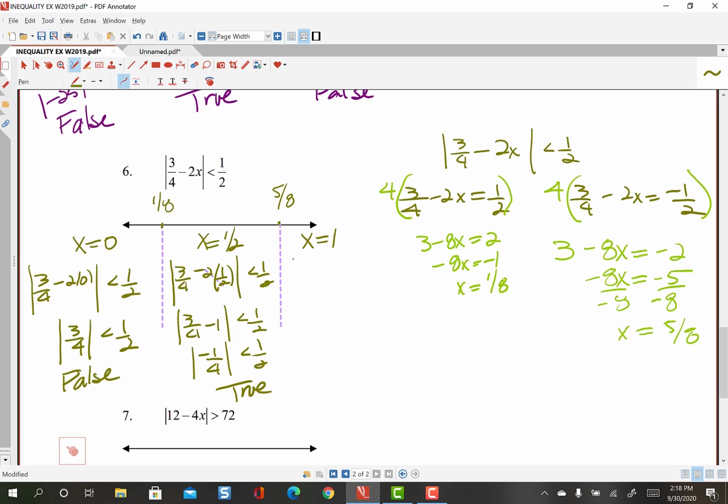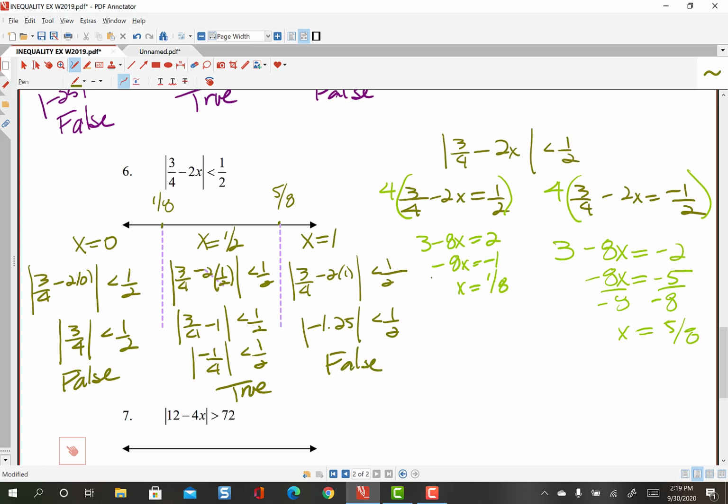Now in the far right section here, we're going to have 3/4 minus 2 times 1. So 3/4 minus 2 is a negative 5/4, or if you want it as a decimal, a negative 1.25. But if you take the absolute value of negative 1.25, you get a positive 1.25, which is not less than 1/2. This is going to be false.